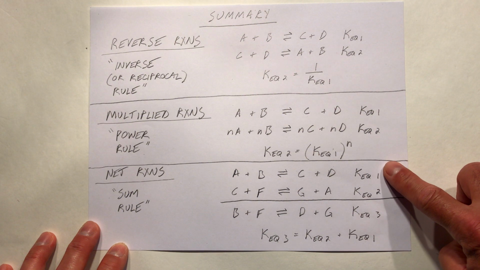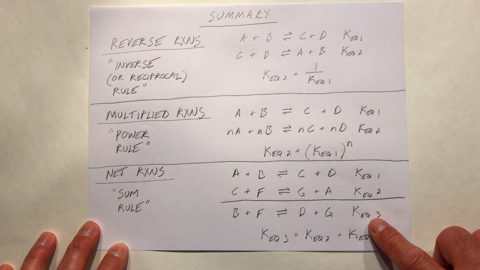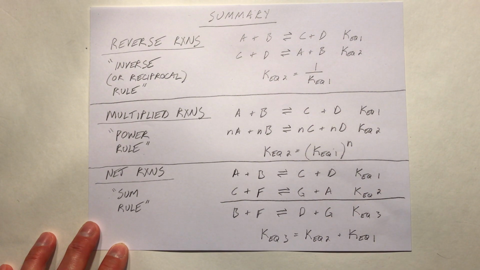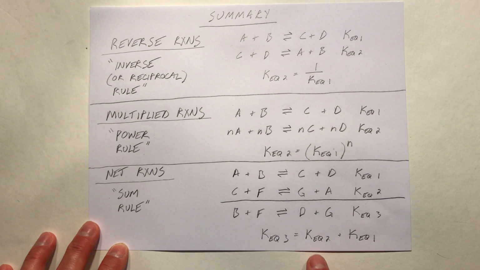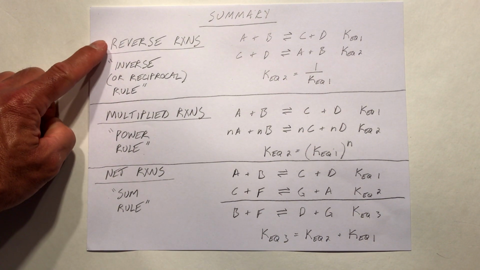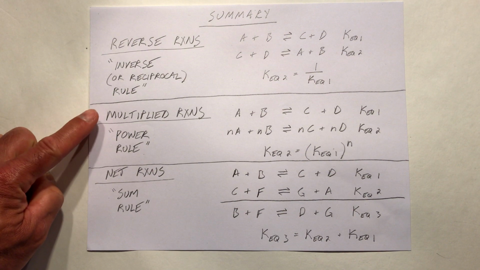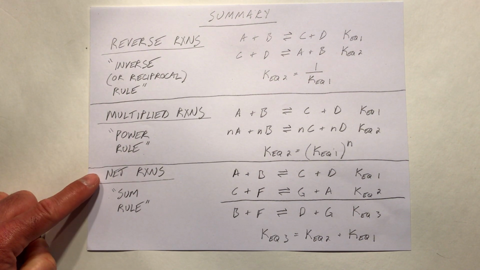Where Keq1 is for this reaction, Keq2 is for this reaction, and Keq3 is for this reaction, we can say that Keq3 is equal to Keq1 times Keq2. So it's worthwhile to know the inverse rule for reversed reactions, the power rule for multiplied reactions, and the sum rule for net reactions.